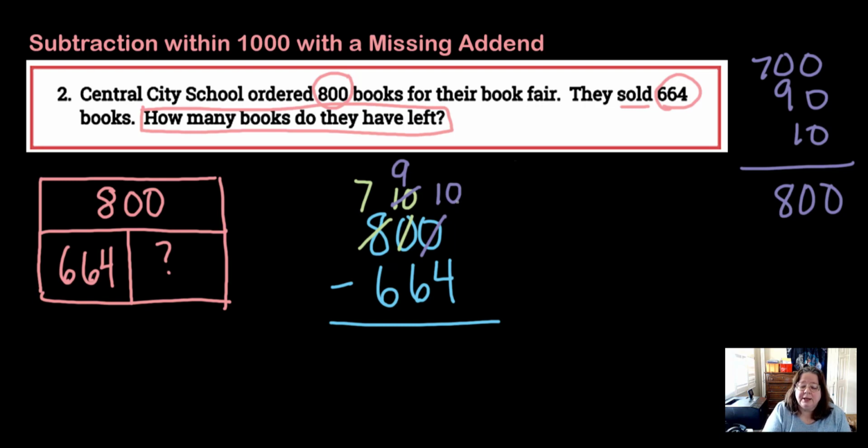Okay, so 10. Now I can start subtracting, and I start with the ones column. 10 minus 4. If you know your subtraction facts, great. If you know your addition facts, you can go what plus 4 equals 10. I can count up from 4: 4, 5, 6, 7, 8, 9, 10.